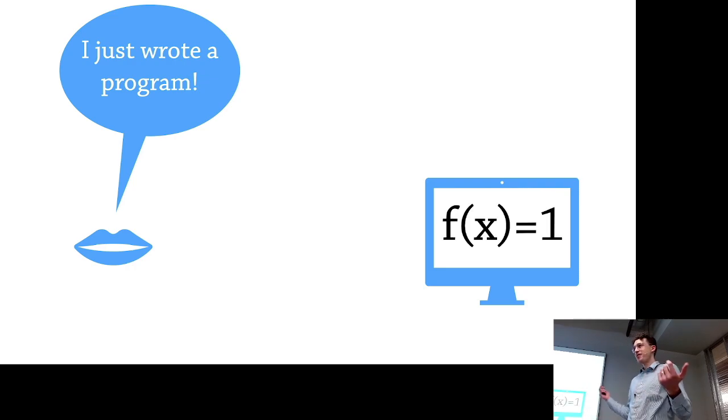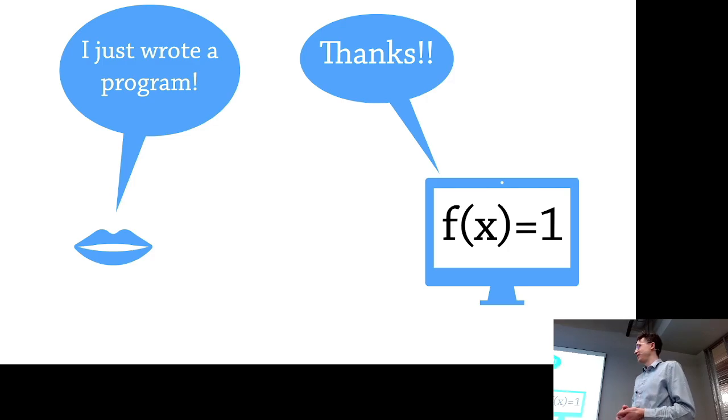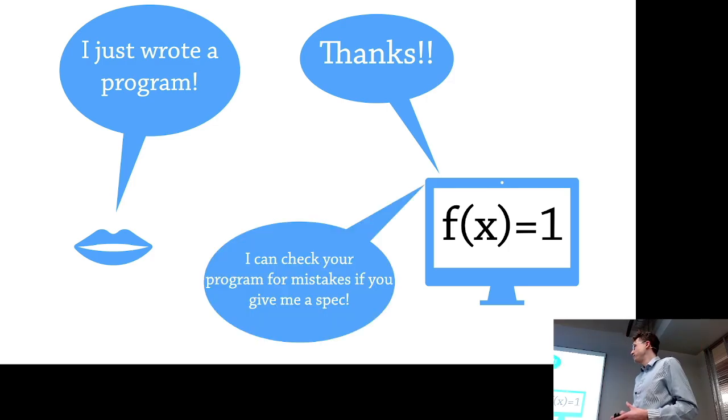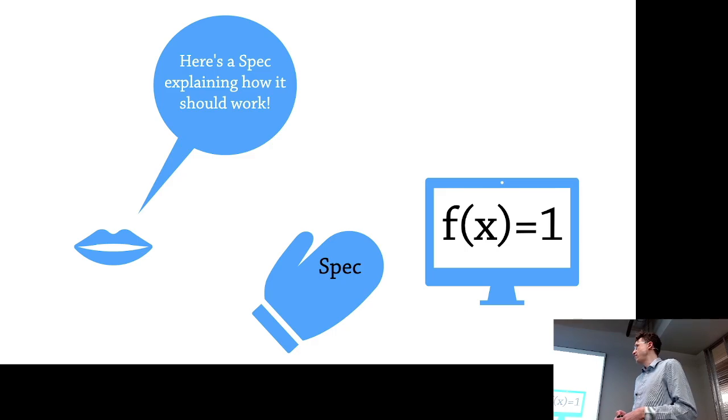So the human can say, I wrote a program. All right, great, there it is. And the computer is very happy about this. Now the computer's like, I can check your program for mistakes if you give me a spec. And then I can say, here's a spec explaining how this should work.